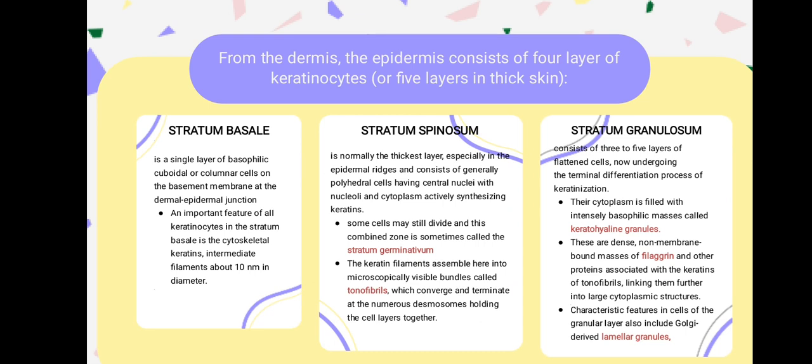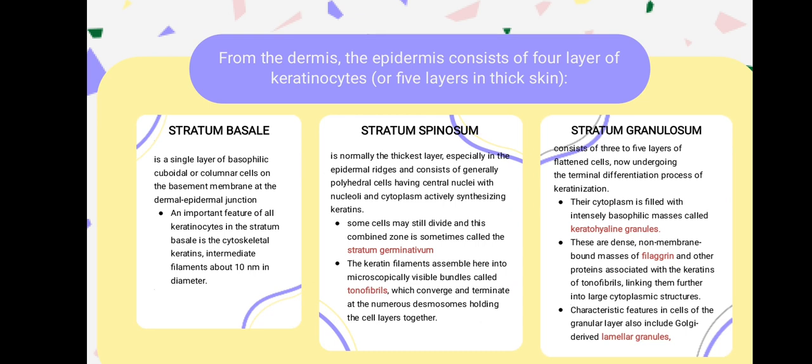The keratin filaments assemble here into microscopically visible bundles called tonofibrils, which converge and terminate at the numerous desmosomes holding the cell layers together. They are called spinosum because the cells contain thick bundles of intermediate filaments made of pre-keratin.